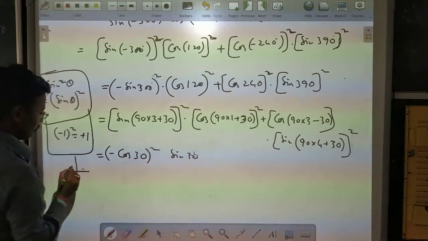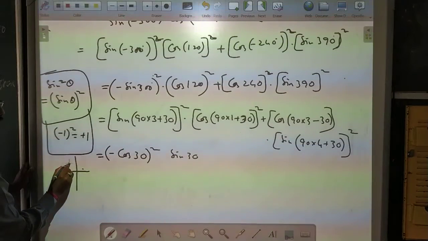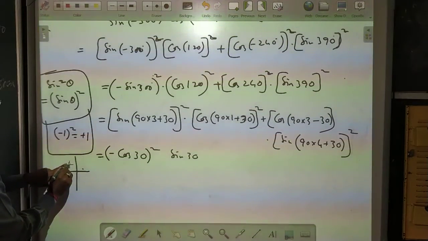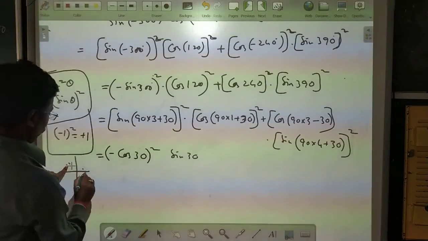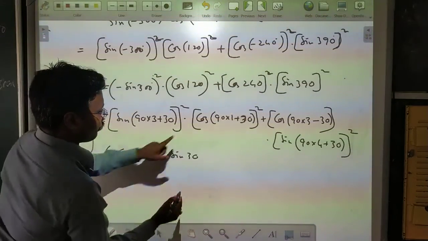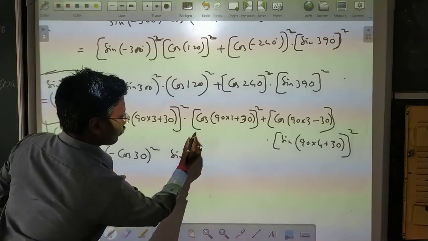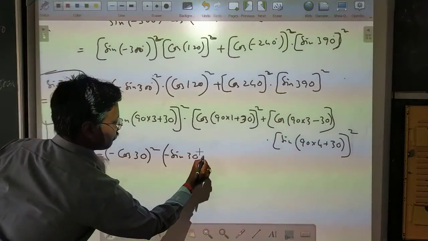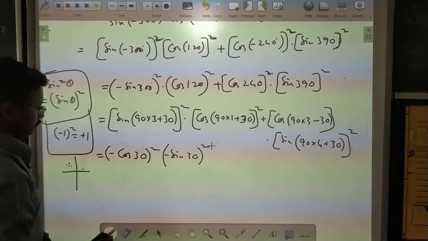As it is coming in the second quadrant, you know in the second quadrant sine and cosec are positive. So here we get minus sine 30.